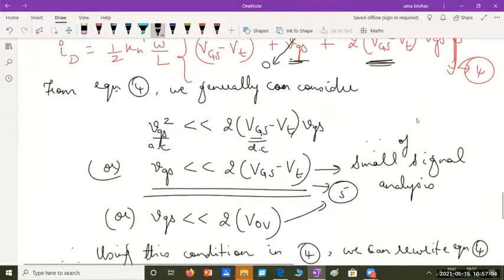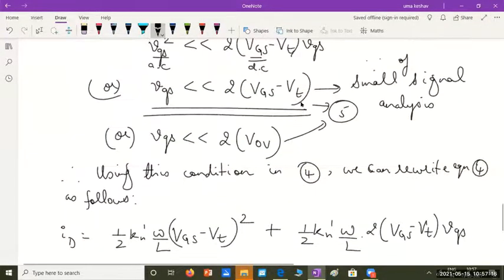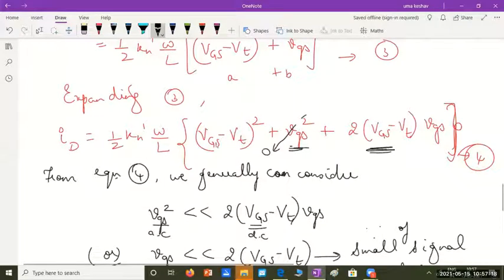I'll have 2 VGS minus VT into VGS. I hope you understood this. See, equation 4 which was written like this, we neglected the second term in comparison with the third term because we are considering what?